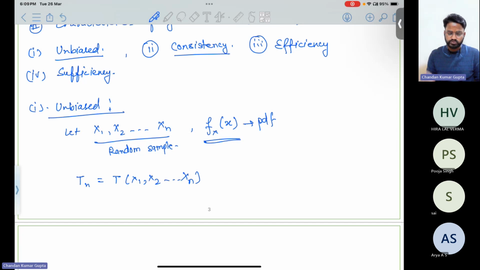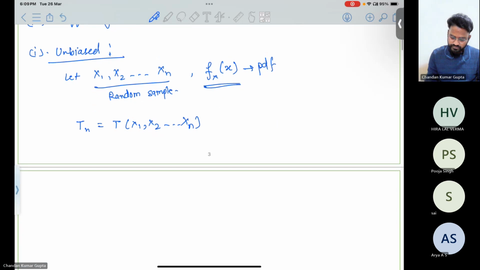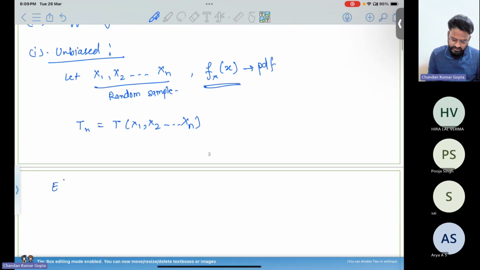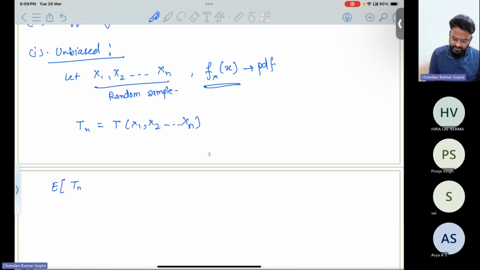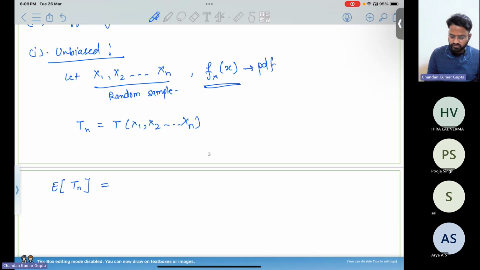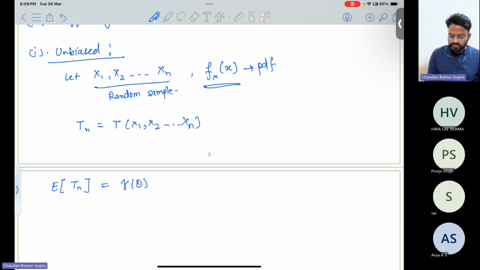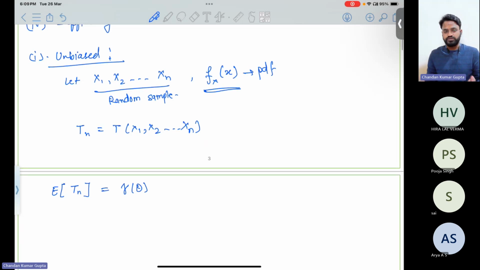This is used to estimate the parameter. If the expected value of Tn equals gamma theta, suppose we have a function of the parameter, gamma theta, then this Tn is used to estimate gamma theta.